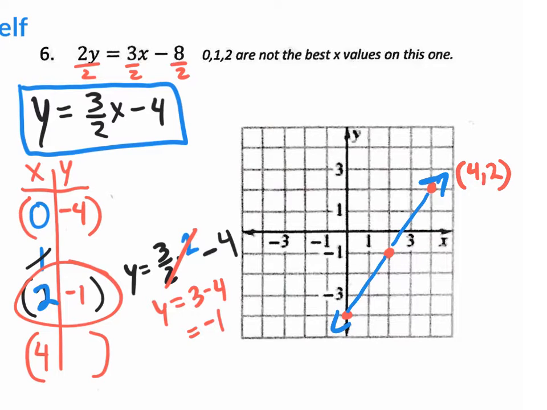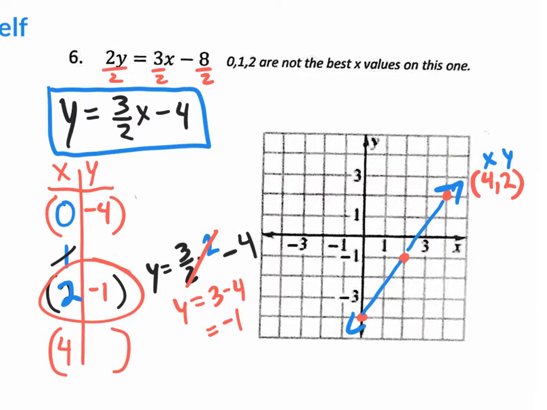But let me verify that 4, 2 is an answer. 4 is x, 2 is y. If I were to plug it into the original or to my function form, whatever I want, if I plug in the original, x being 4 right here, that would be 3 times 4, that's 12, and then minus 8. And if I were to plug in 2 for y, that would be 2 times 2.